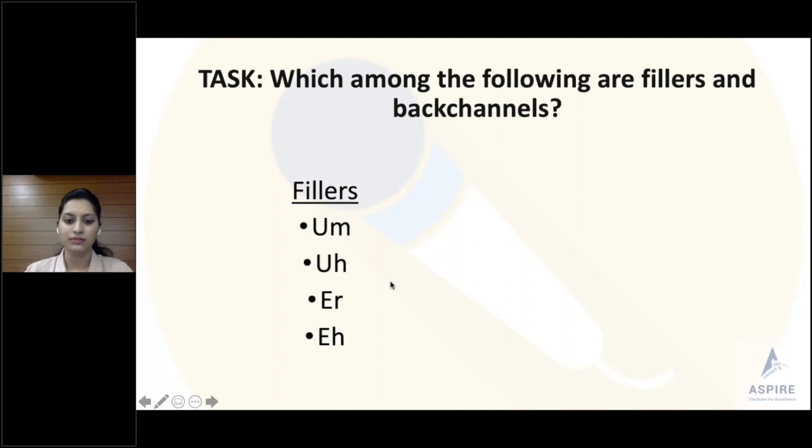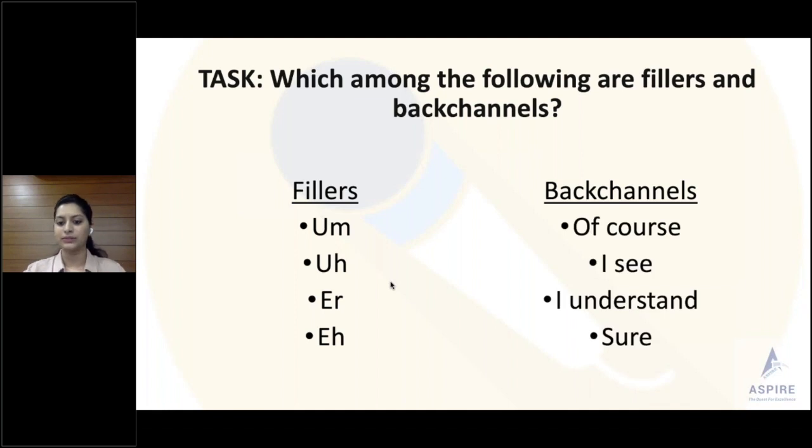As I said, the fillers are all these sounds and tiny little words that you use to fill in gaps. And these are the back channels, just to keep the talk engaged and to keep it going.